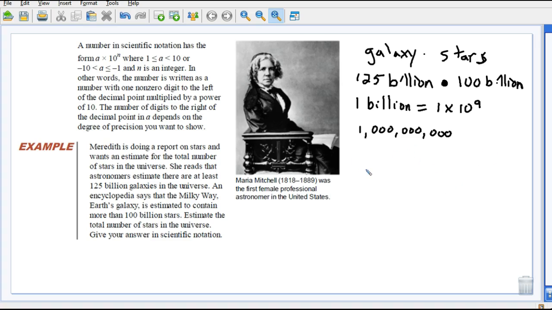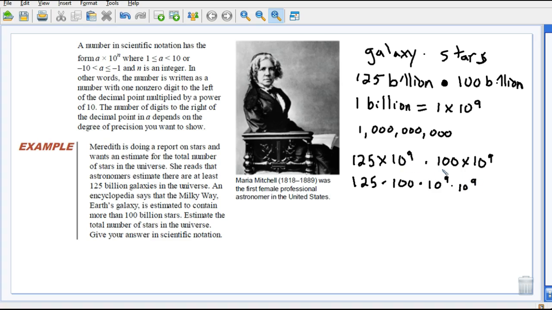Okay. So we can really write the first one as 125 times 10 to the 9th times 100 times 10 to the 9th. Since this is all multiplication, I'm going to write this as 125 times 100 times 10 to the 9th times 10 to the 9th. Right?